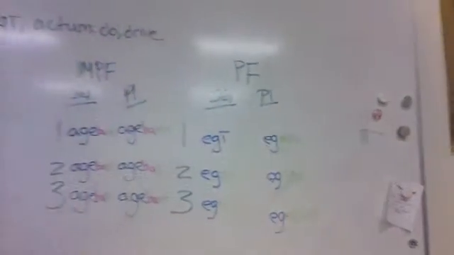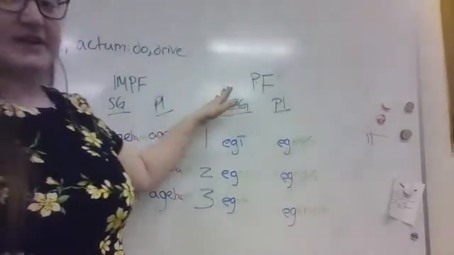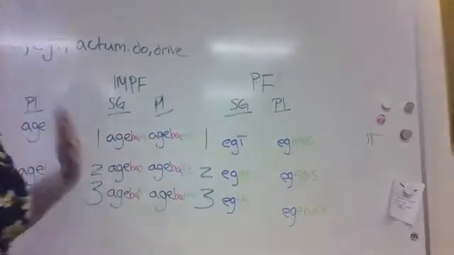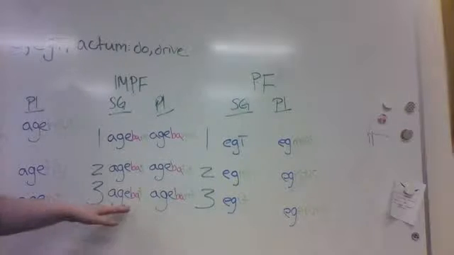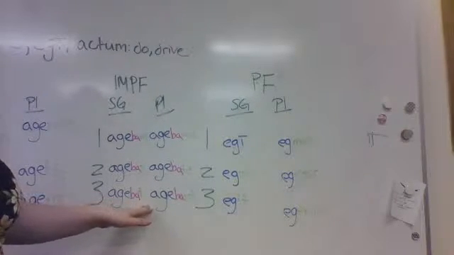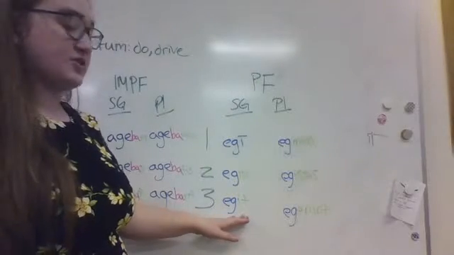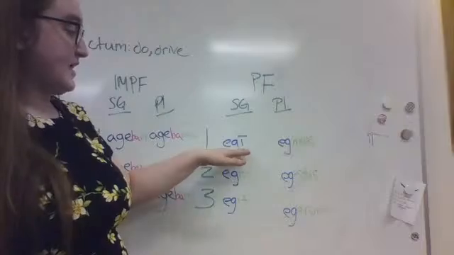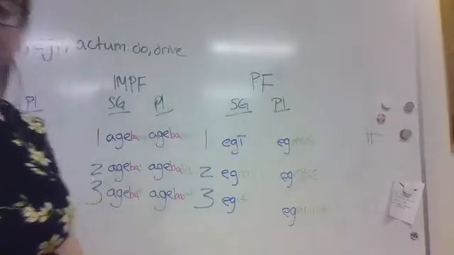So to recap, everything stays the same for imperfect and perfect. Nothing changes. You go through the same steps you do for first and second conjugation. You get your stem, add ba, put your personal present endings. Perfect, third part of the verb, take off the I to get your perfect stem, and then your perfect endings.